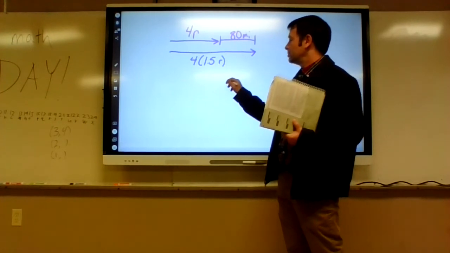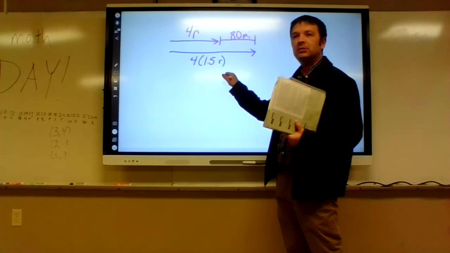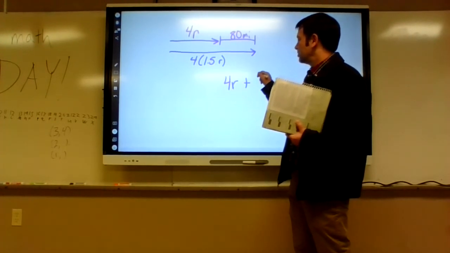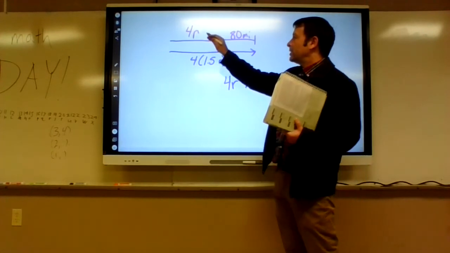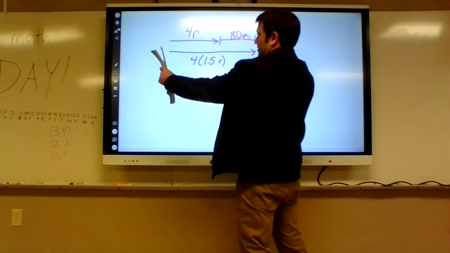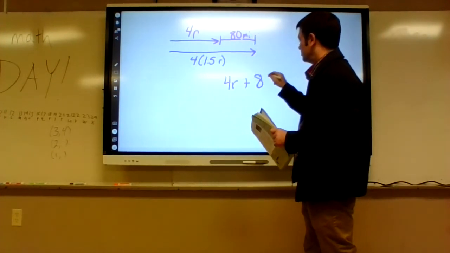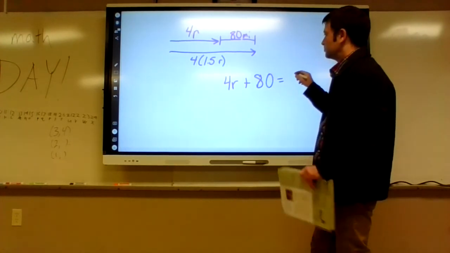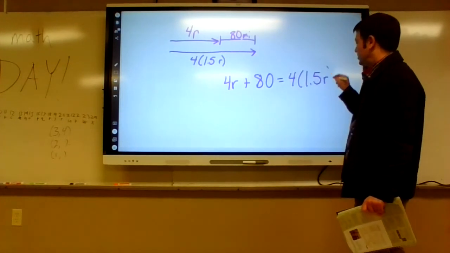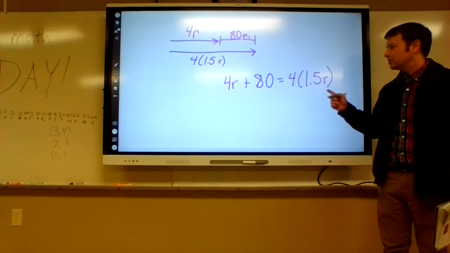What would it be? 6R? But 4R. 4R plus 80. Okay. This plus this is as long as this, right? 4R. So this plus this equals this. 4R plus 80. We need to figure out what 4 times 1.5 is, right? Yeah.